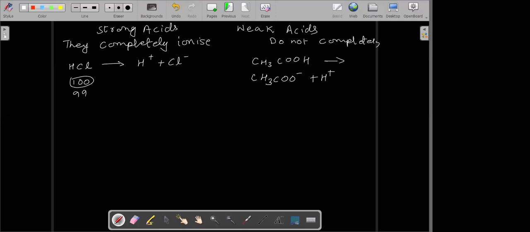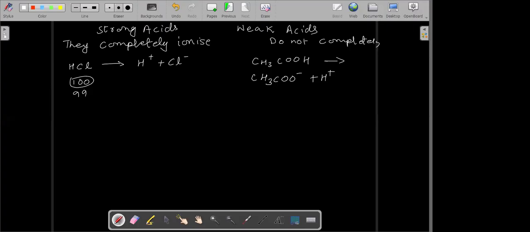The same thing happens with strong and weak acids. We have strong acids and weak acids, but we can't draw a strict line separating them.